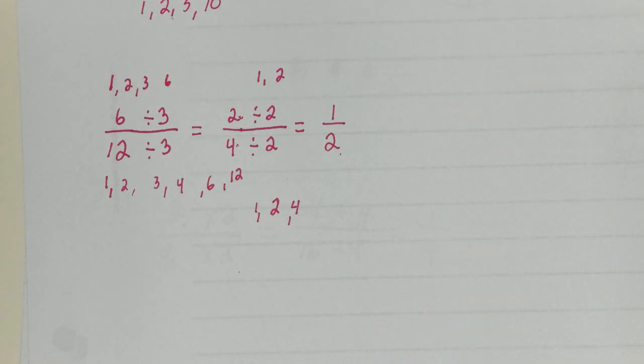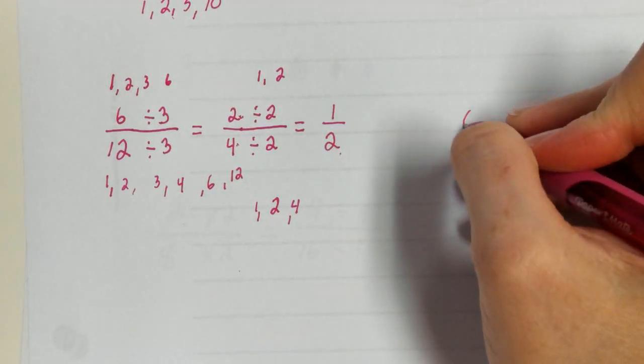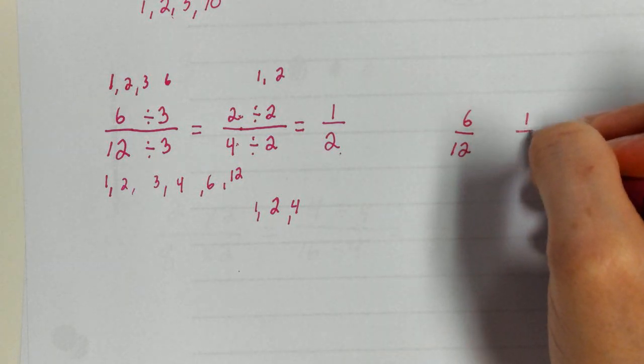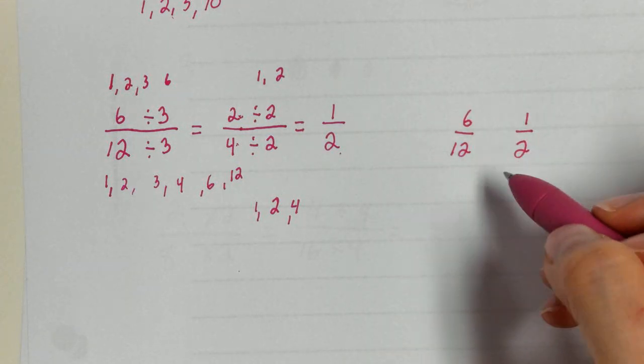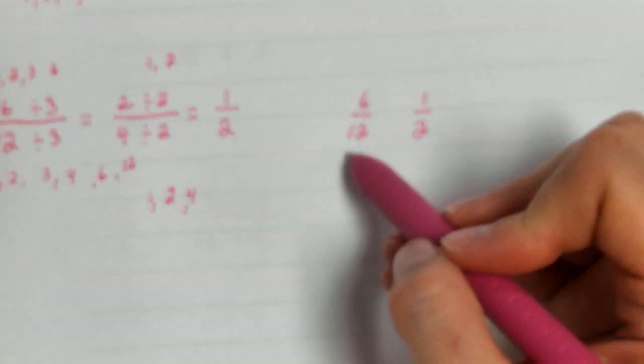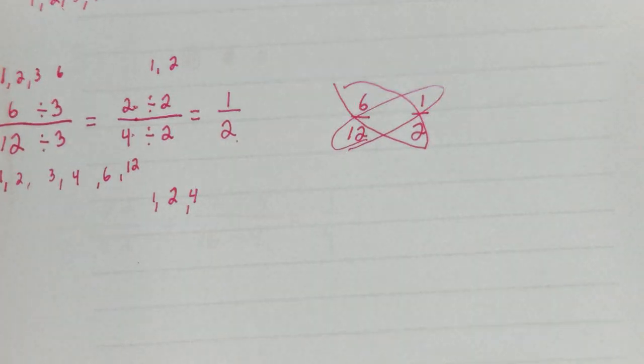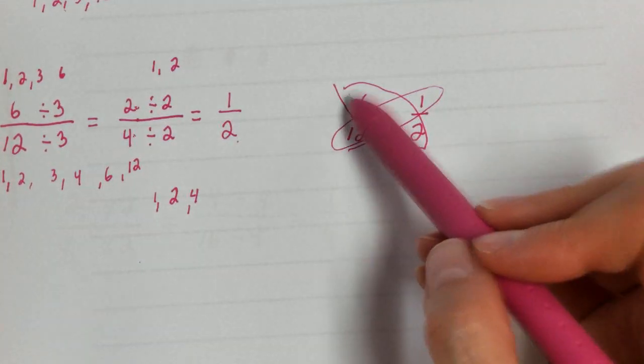All right, here's a way to check my answer. If I have 6/12 and 1/2. Remember that I can check to see if fractions are equivalent by multiplying. We call that cross multiplying because I'm going across.